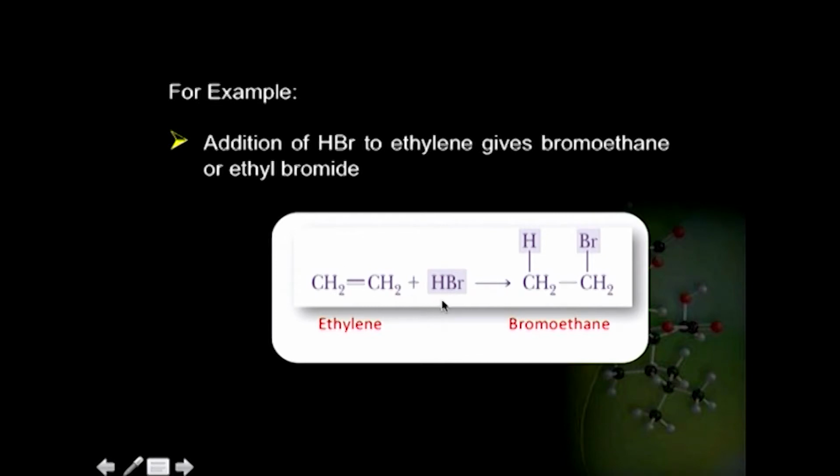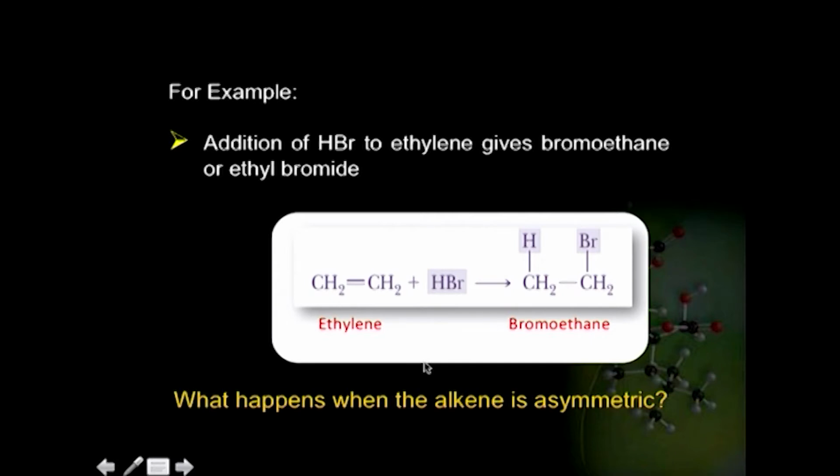Ethylene reacts with hydrogen bromide to give bromoethane, and as you have seen here, this double bond of course becomes a single bond, and there are two sigma bonds in place of a pi bond which get formed during this reaction. But what happens when the alkene is asymmetric?